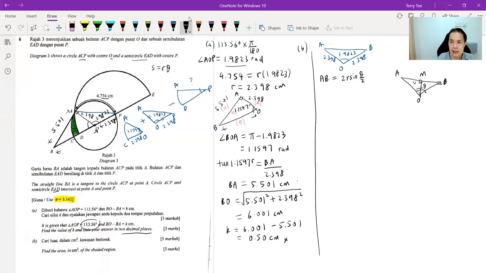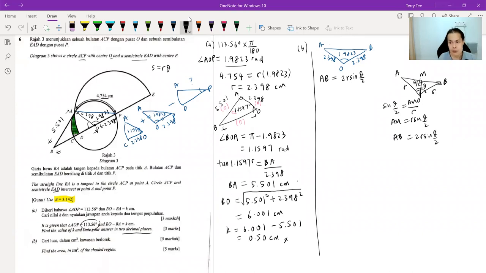Half of it is theta over 2. So if I say sine theta over 2, and this radius is R, it is now AM divided by R. Your AM is R sine theta over 2. Your AB is twice, which is 2R sine theta over 2.